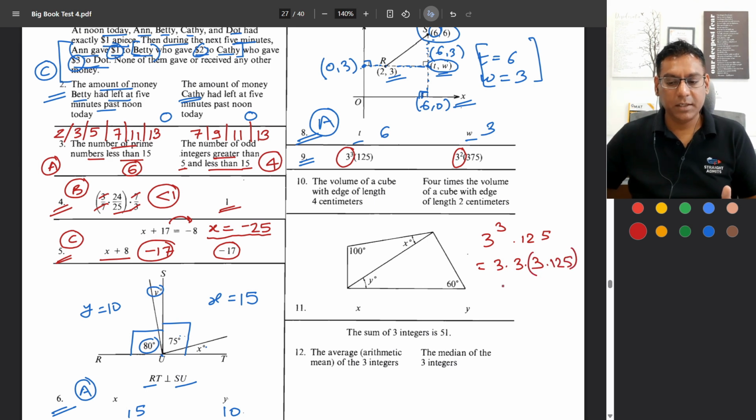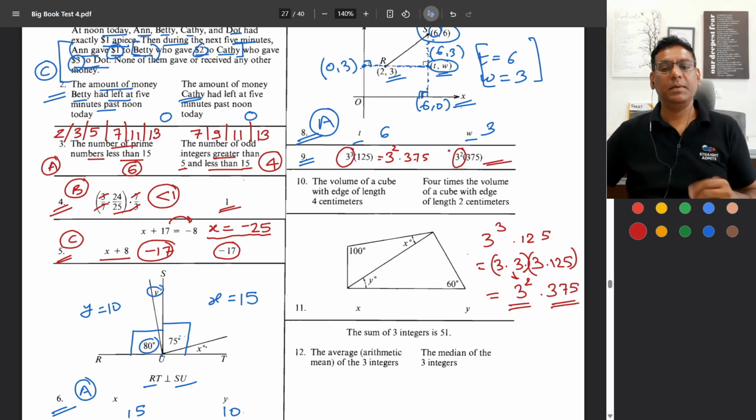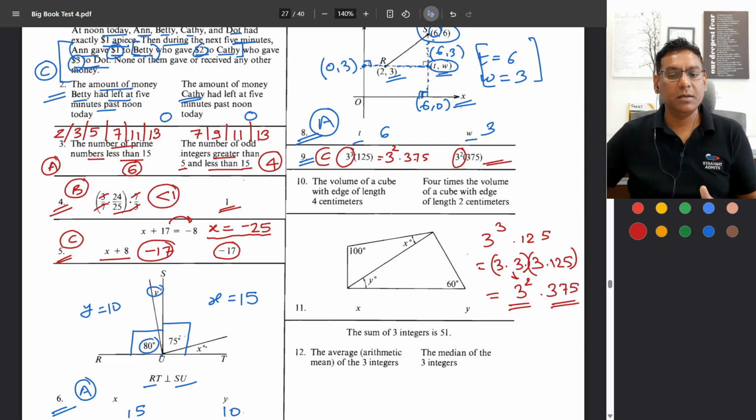I take two of the 3s together, so this becomes 3 raised to 2, and this becomes 375. So 3 raised to 2 into 375, this is the same thing, right? And incidentally, I have the same number on the right hand side also. Basically, that means that the answer is going to be C.